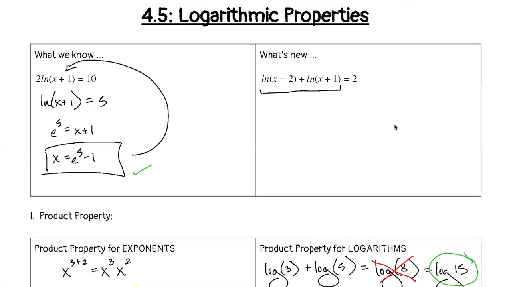Okay, so let's see how Eric got what he got in the chat. So he wrote natural log of x squared minus x minus 3 equals 2. Where did that come from? Someone help me maybe fill in the blank there.